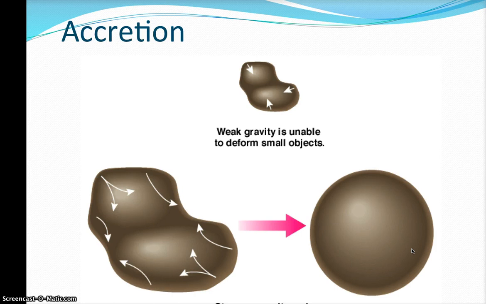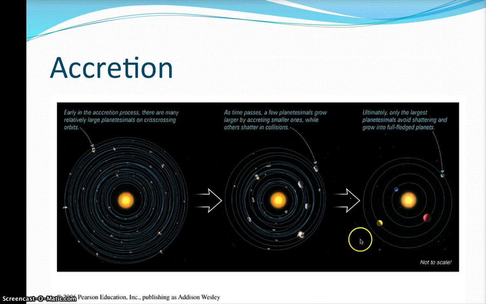Once you have the little pieces of material, they start to stick together and grow into bigger and bigger objects, and so we call this process accretion. And at some point the objects become big enough that their own gravity makes them spherical.